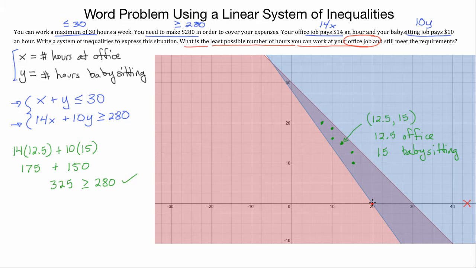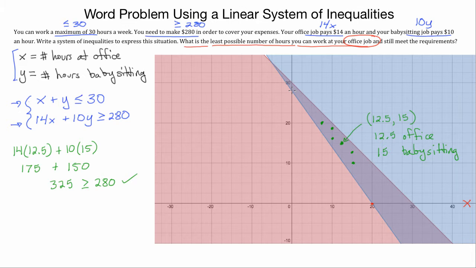But that's just saying you can work 20 hours at the office and no hours at babysitting, and you can still meet what you want. But I want to find the least possible hours at the office job. So let's keep following the purple area. I want to find the point with the smallest x value.